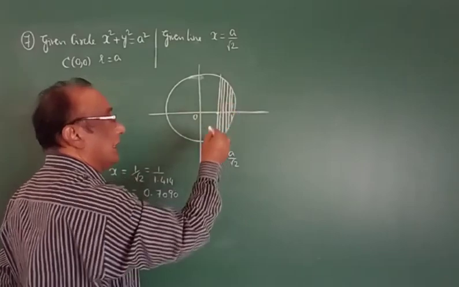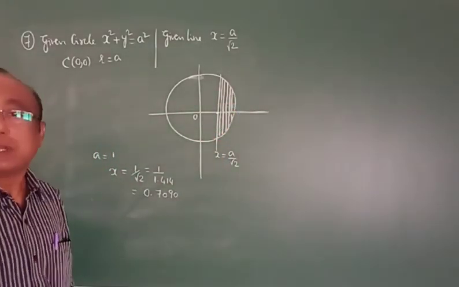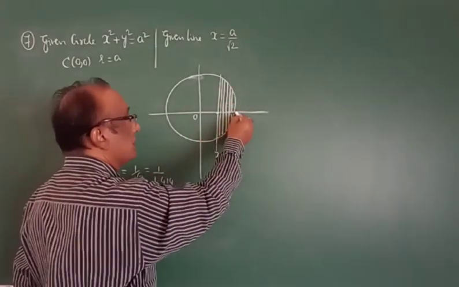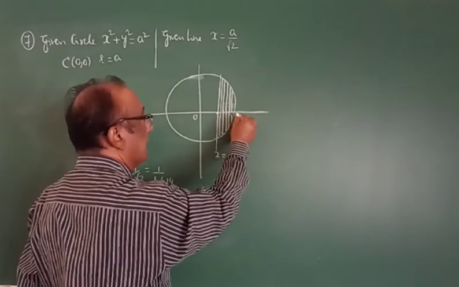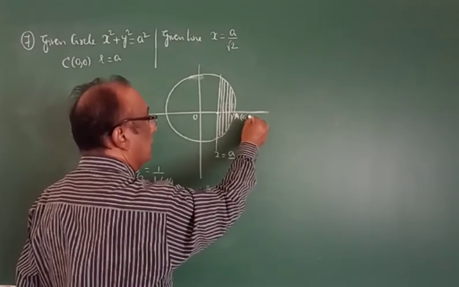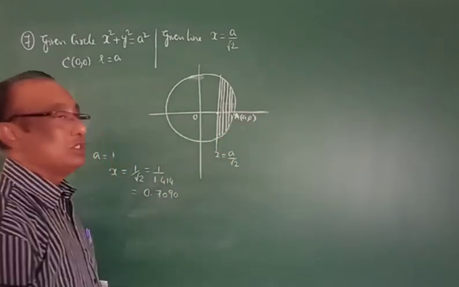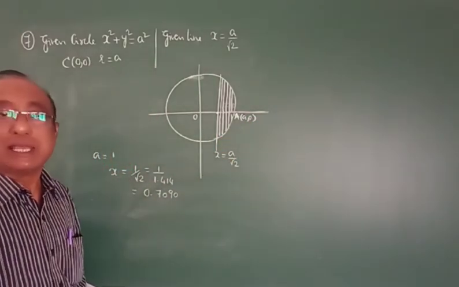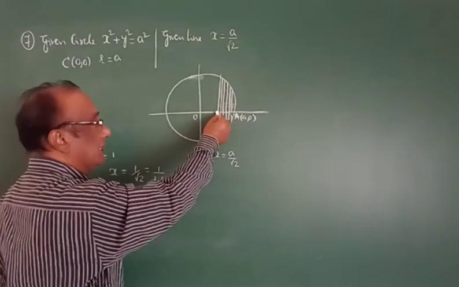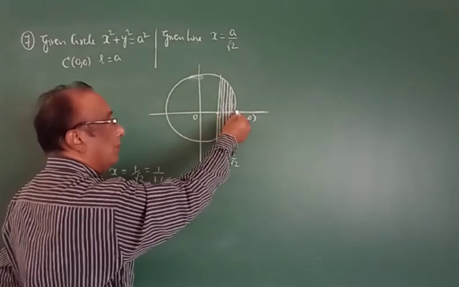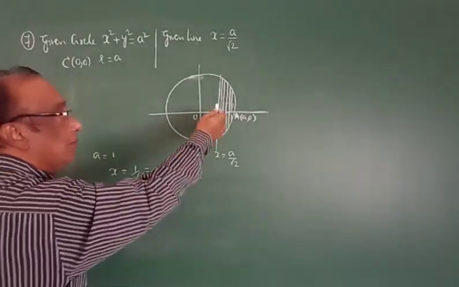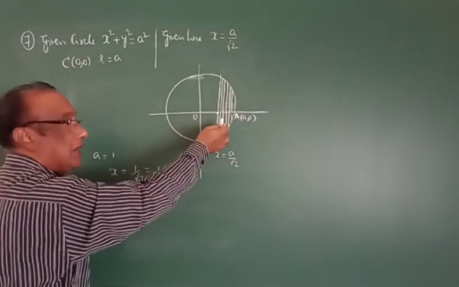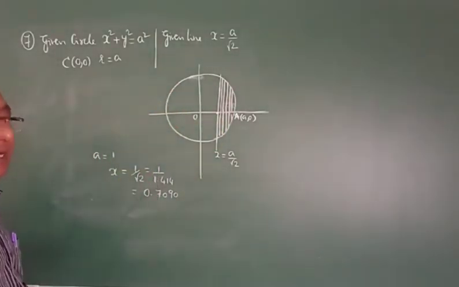This is the radius a, the point a comma 0, distance 0 to a is the radius. The x value is a by root 2 to a, vertical strips I am going to take, but two equal parts we have, so I will write 2 times. Okay?